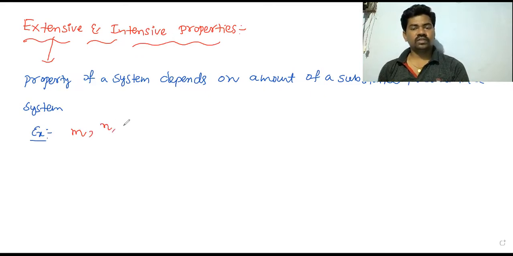Next, number of moles. Next, volume. Then internal energy, Gibbs free energy, entropy, then enthalpy. These thermodynamic functions or properties are all dependent upon the amount of a substance present in a system. So next one, intensive properties.